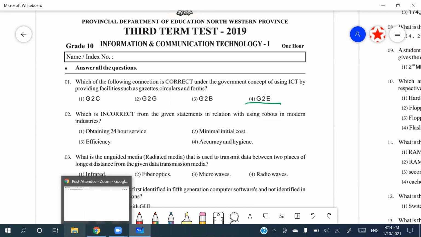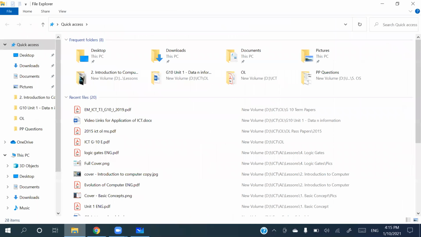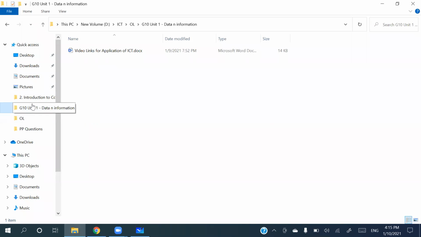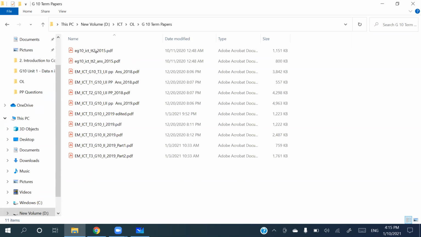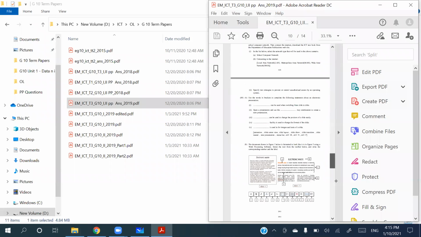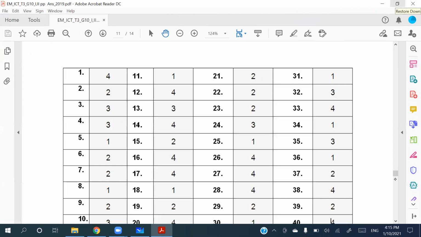And let me take the marking scheme as well. So the first one goes with the fourth answer.